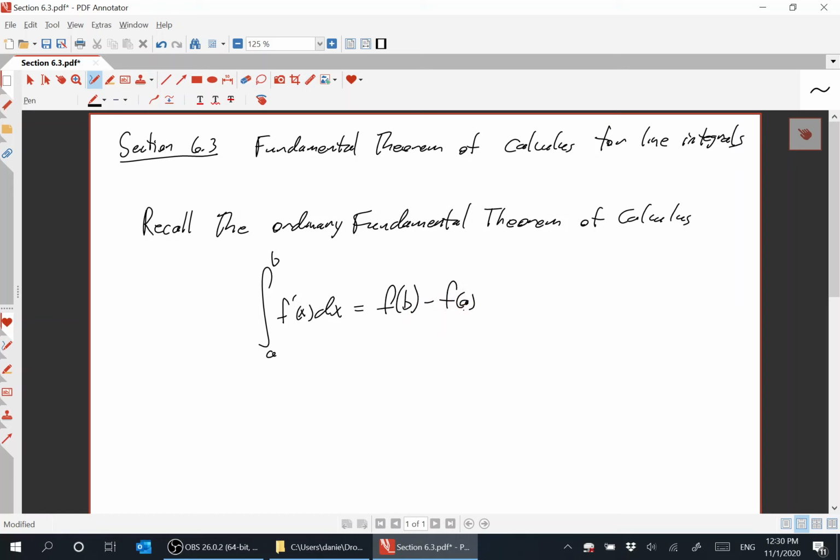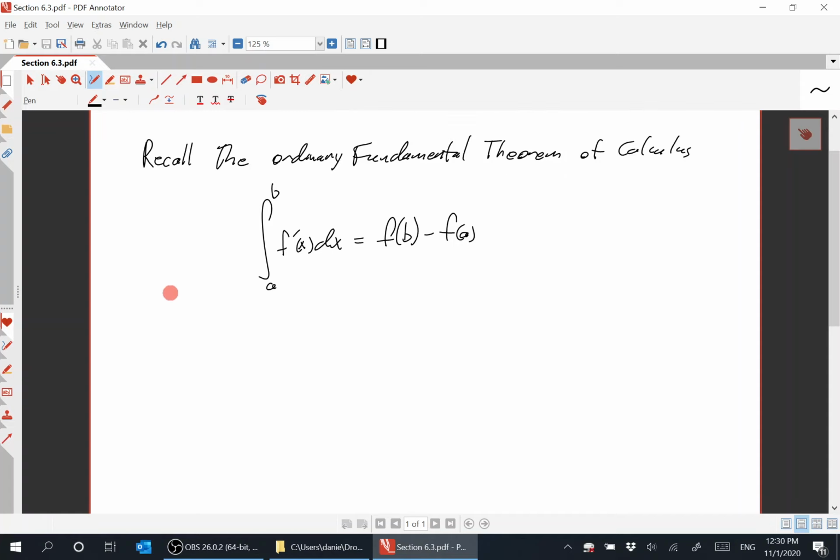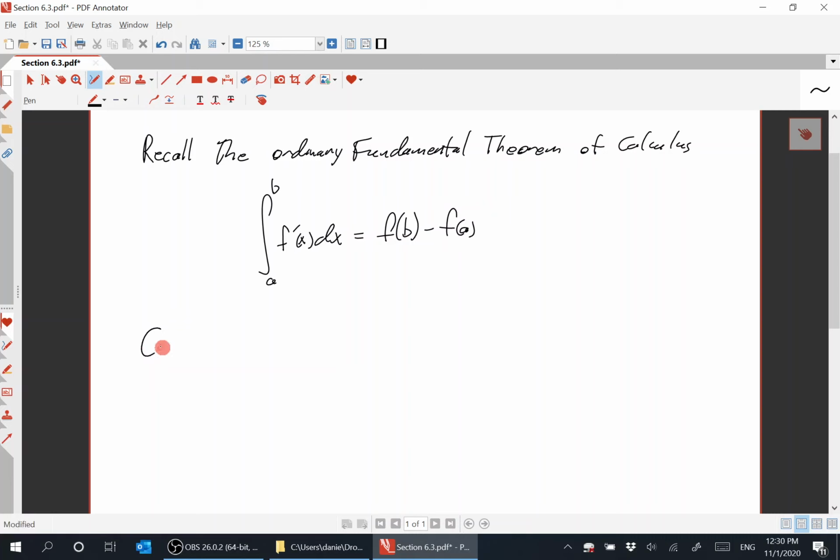You just find an antiderivative, any antiderivative of the function, and you take the difference at the two endpoints of the integral. So now consider a gradient vector field.